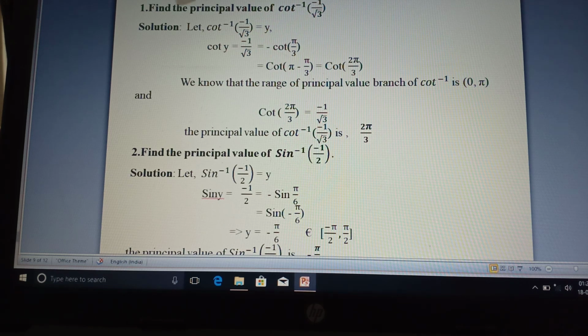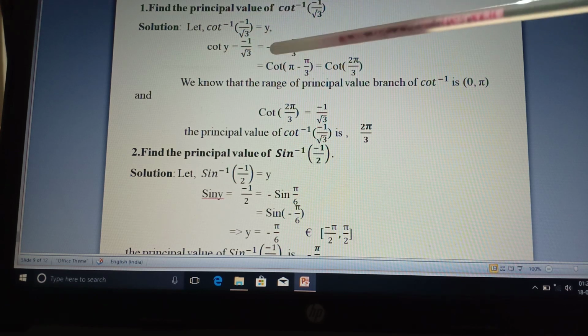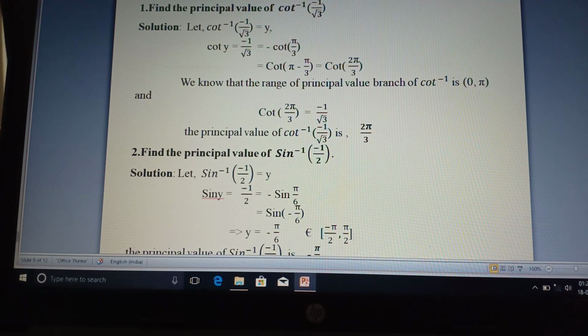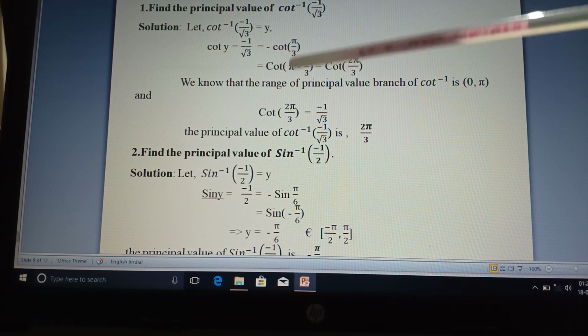First question is, find the principal value of cot inverse minus 1 by root 3. I'll show you the technique of finding the principal value. Let us take this value equal to y. So we can change the function: cot y equals minus 1 by root 3. This can be written as minus of cot pi by 3, and it can be written as cot of pi minus pi by 3, which is cot of twice pi by 3.